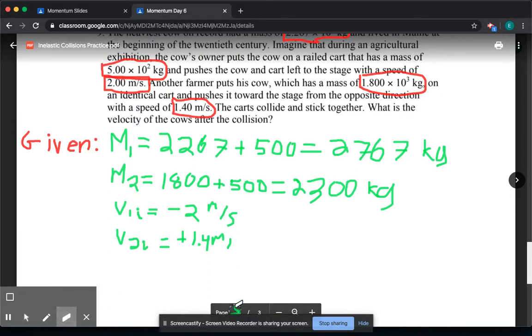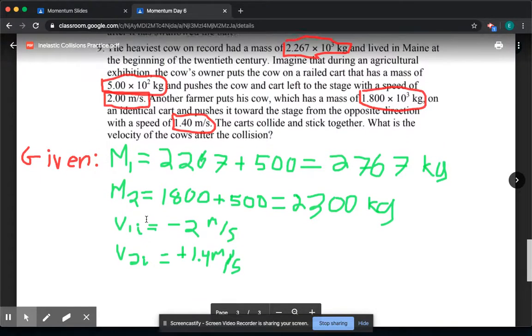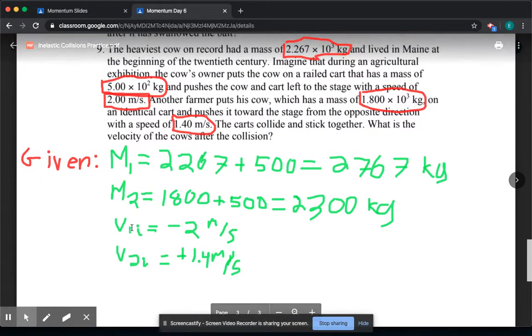So that's the mass of the first cow plus the cart, the mass of the second cow plus the cart, the velocity of the first cow, and the velocity of the second cow.